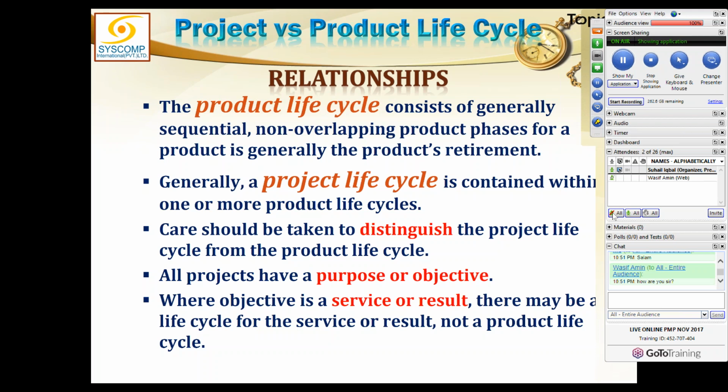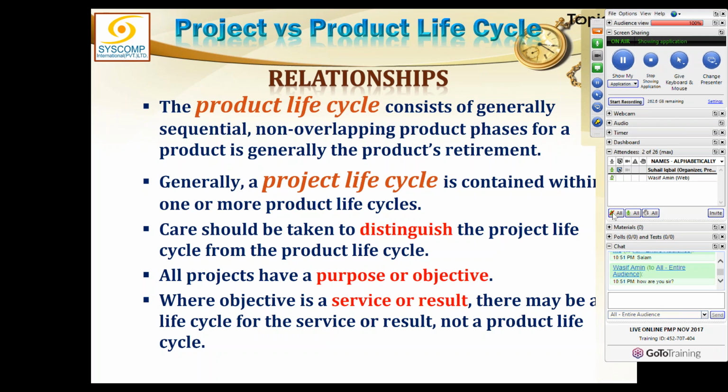It is exactly like the example of a human life. If we started from the conception, then probably the feasibility could be a part of the project. In some of the projects, we consider feasibility as part of the project. But in other projects, feasibility is considered a pre-project activity or a separate project which has already completed and given its product that this is feasible and now we should do it.